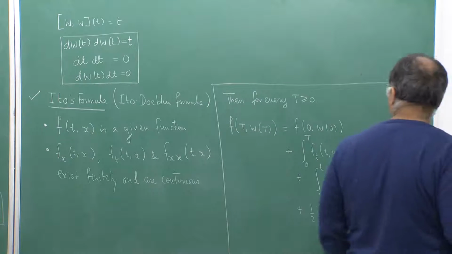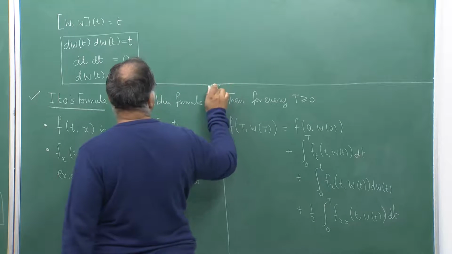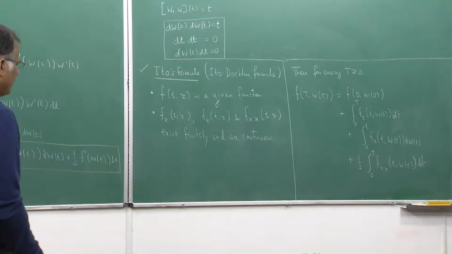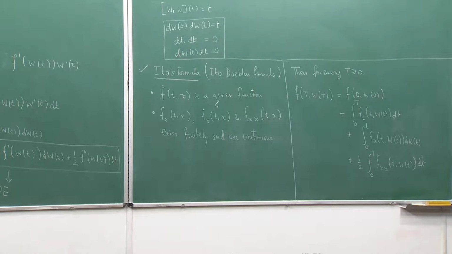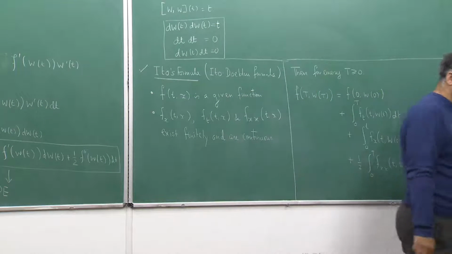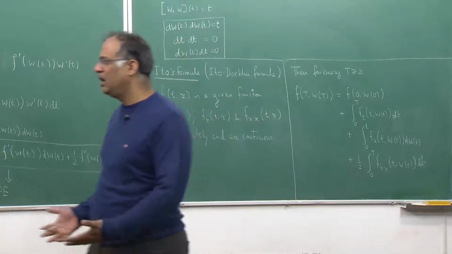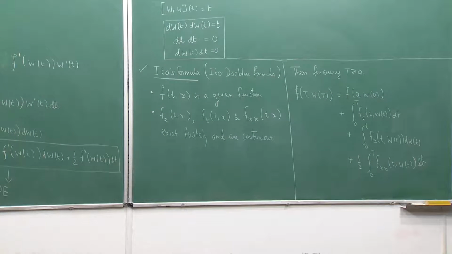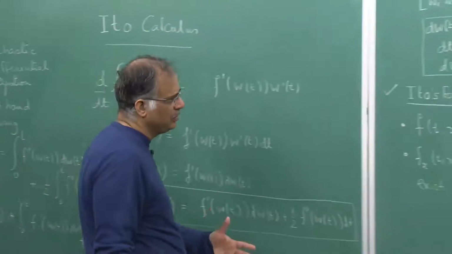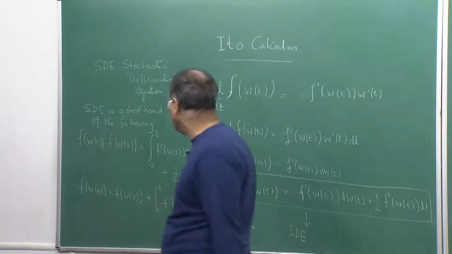Now what we are going to do right now is, instead of trying to prove this whole thing in a very general setup, we are going to look into the very simple case of f being half x squared. We will forget the fact that the t variable is also included, and try to deduce a formula like this.